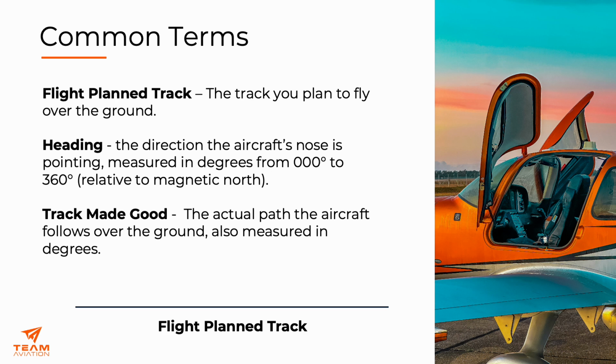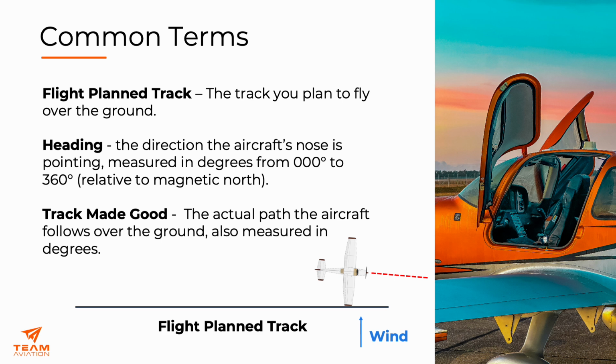This is what you set on your navigation charts before takeoff. Heading is the direction the aircraft's nose is pointing, also measured in degrees from 0 to 360. However, just because the nose is pointing in one direction doesn't mean that's where the plane is actually going, because wind can push the aircraft off course.